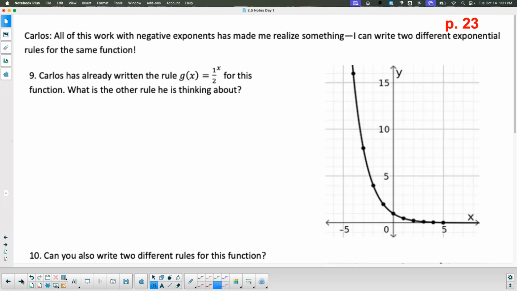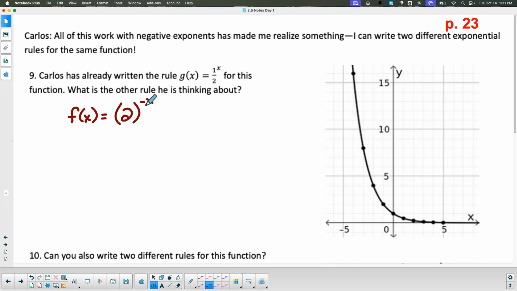Carlos has already written the rule g of x equals 1/2 to the x for this function. The other rule that he could write would be f of x equals 2 to the negative x power.